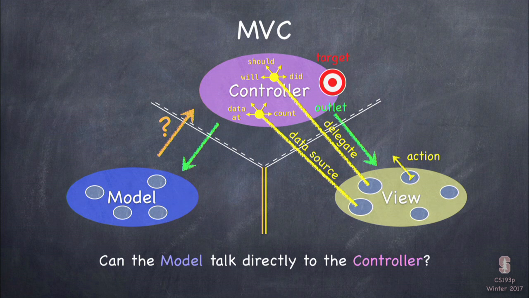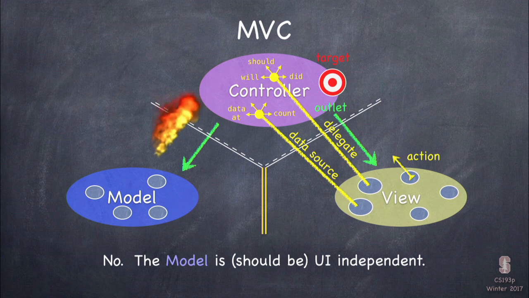All right, now what about the model communicating with the controller? Now this can never happen either. Because the model is UI independent, it knows nothing about any particular UI, so there's no way it could talk to a UI guy like the controller, okay? So what happens, though, if the model changes, the data changes? That controller needs to know because it wants to update the screen in that case. Well, the way we do that is with a model that kind of looks like a radio station.